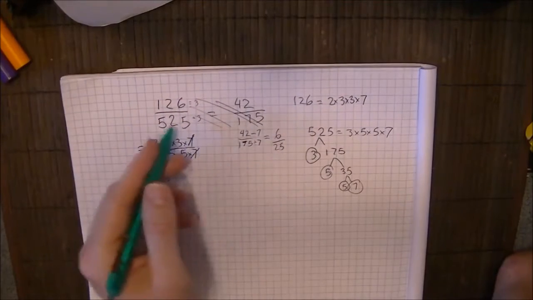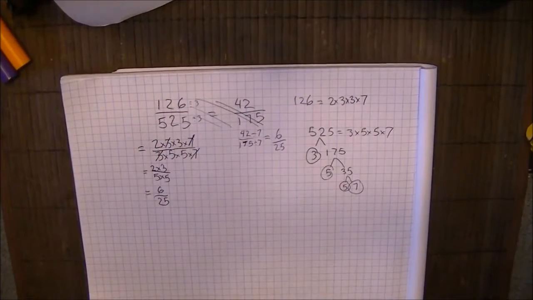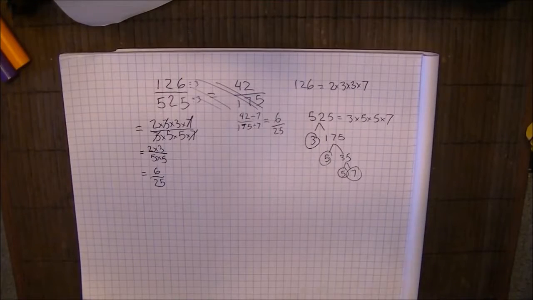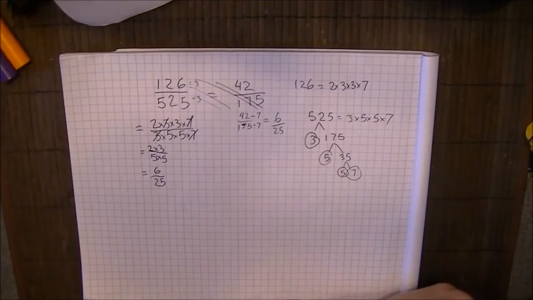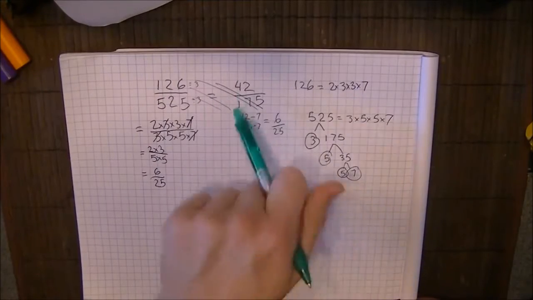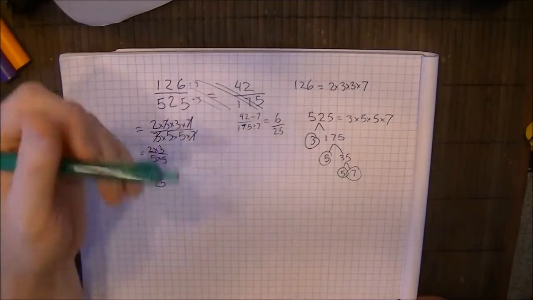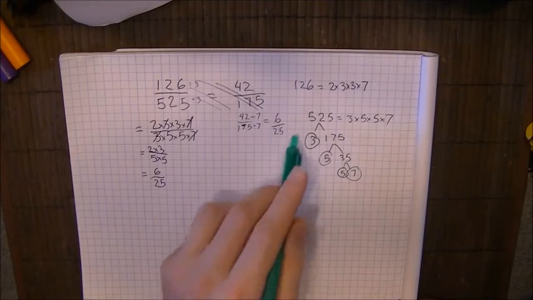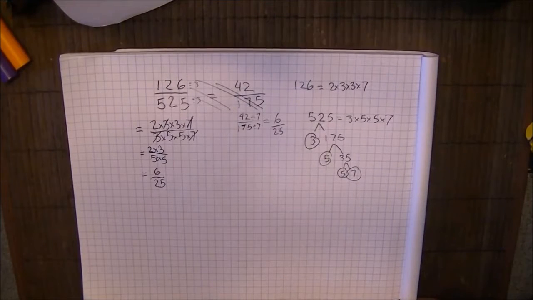So it is possible to do it step by step, and if that's what you want to do, more power to you. But I do recommend prime factorization because it speeds things up quite a bit when you don't know what's going on. If you're not able to recognize factors of 7 off the top of your head, and I certainly am not, then prime factorization makes it an easier go.